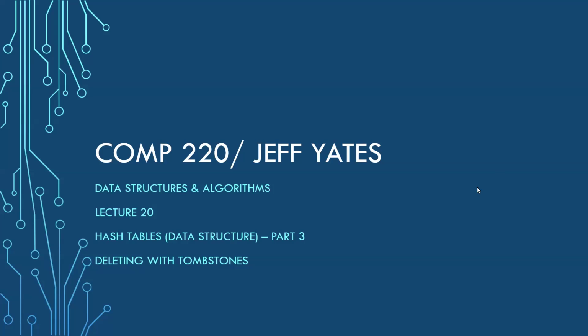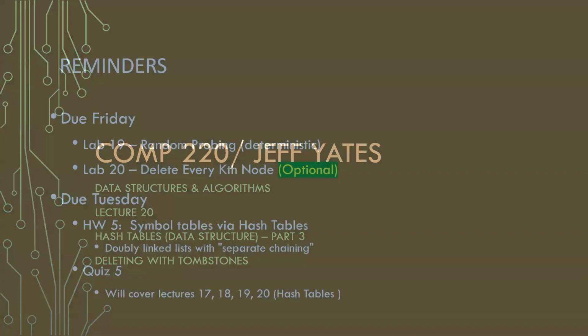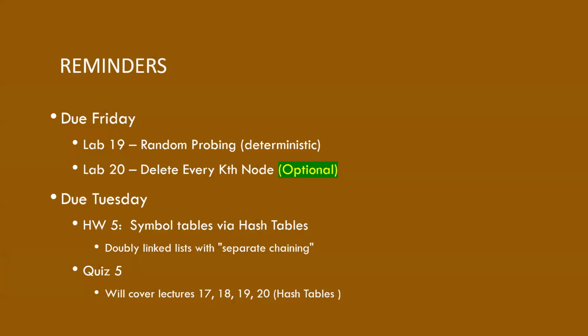So let's dive in. We had our random programming lab due on Friday. We have an optional lab tonight. It's a fun one if you want a little puzzler. It is primarily a linked list maintenance lab. It's a relatively common little puzzle, deleting every kth item in a closed ring of linked lists.